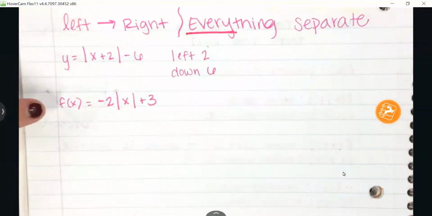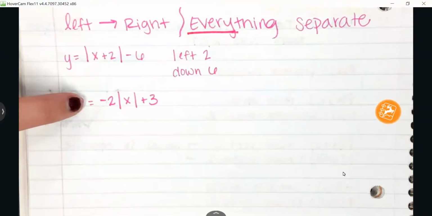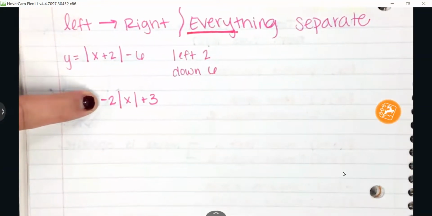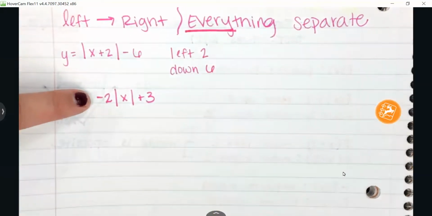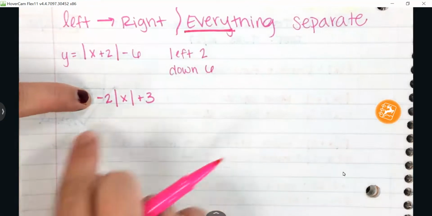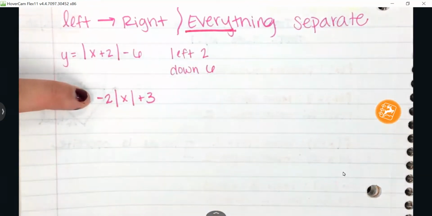So if I read from left to right, what's the very first thing my finger's gonna touch? No, it doesn't touch a -2. It touches a negative. Negative is its own thing. It's its own transformation. So a negative on the outside, look at your notes if you need to. That negative is on the outside.